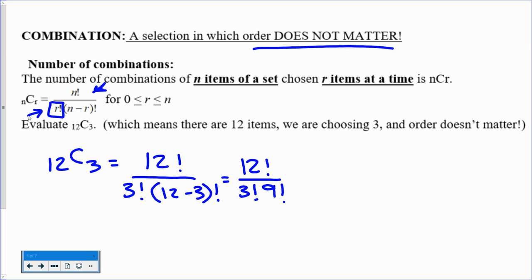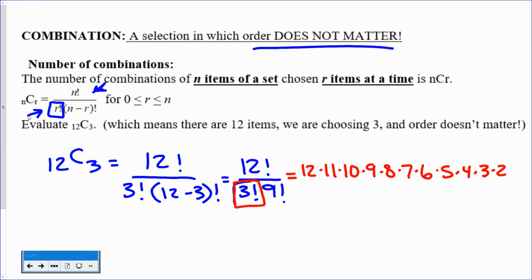The only part that makes it different than the permutation is that 3 factorial. So when I write this out, 12, 11, 10, 9... I hope you won't do this every time because it does take a while. The 3 factorial, 3 times 2 times 1, and then my 9 factorial.